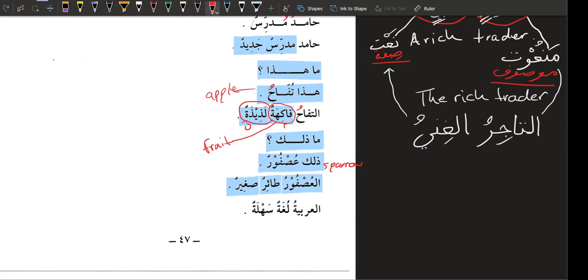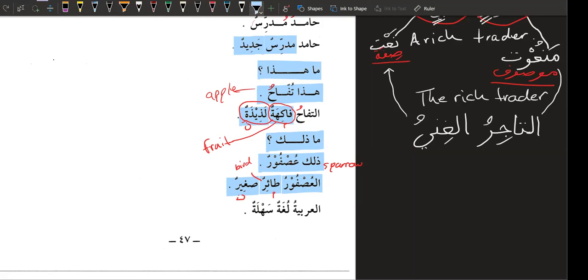We have منعوت here and then we have نعت. طائر means bird, and صغير, we know, small. So if we translate, the sparrow is a small bird.